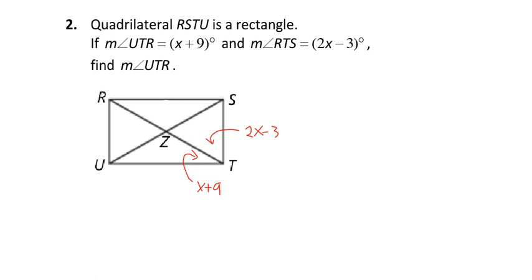So we know that this is also a rectangle, and we know that rectangles have right angles. We're working with this angle over here. These two angles, these two pieces make up the big angle at T, which is angle UTS, and we know that this angle is a right angle. So the measurements of these two are equal to 90 degrees.